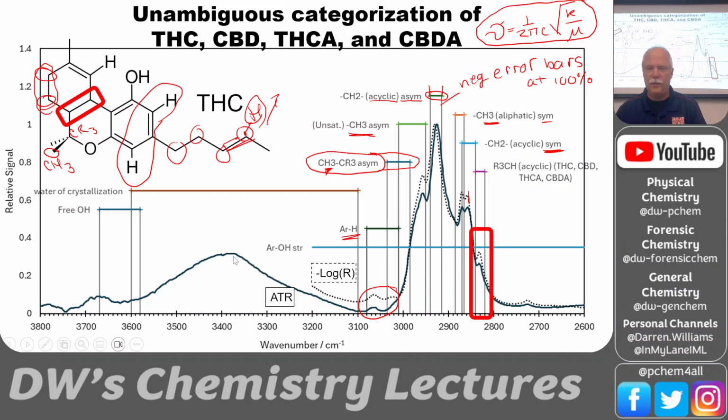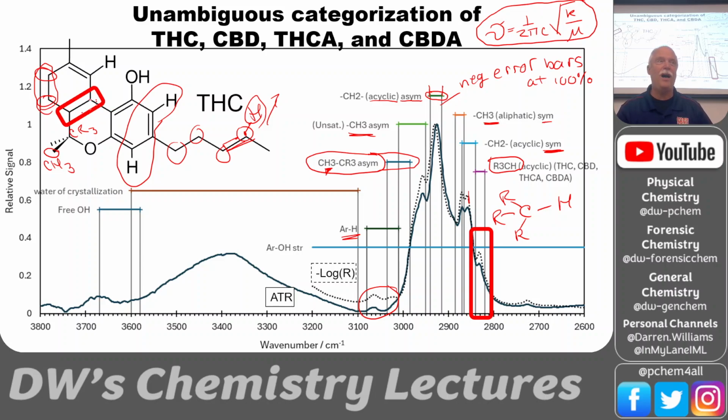This one is interesting. This R3CH. So we have a C, R, R, R, and an H. Where are those? These are the boxed red ones here that I have. See, we have this carbon bonded to 3 other things, and the hydrogens are omitted because organic chemists are lazy. Okay, so there's a hydrogen on there.